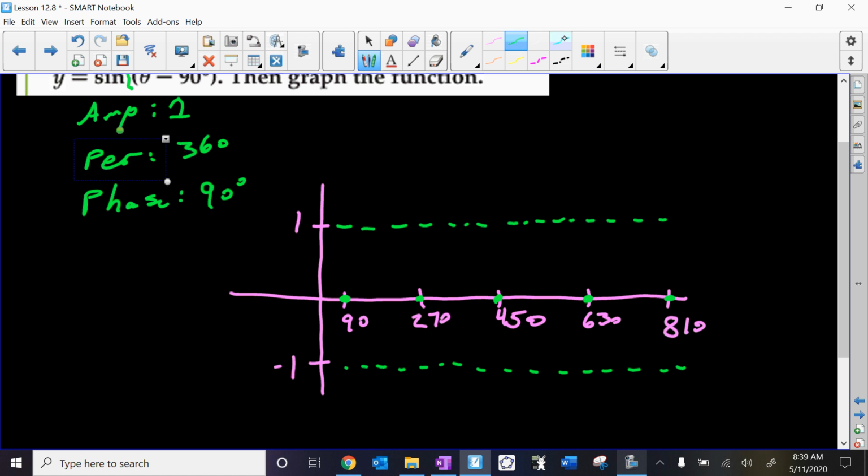And then for our sine function, what it's going to look like, I'm going to start at this 90 degrees and go up towards 1. That's what your sine function would look like.